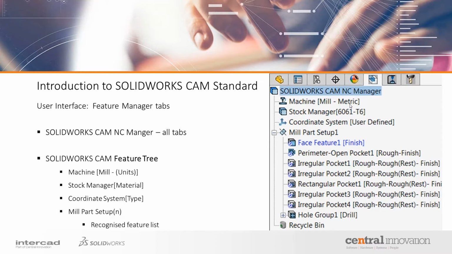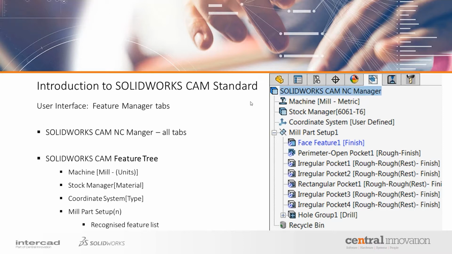Below that, you'll see there's a definition for the machine, the stock, the coordinate system, and then there's a mill part setup icon, and right at the bottom we've got a recycle bin. One thing to note in particular is that for the machine definition, we've got metric associated with that, and I'll talk a little bit more about that when we get into the processes. So just keep that in mind.